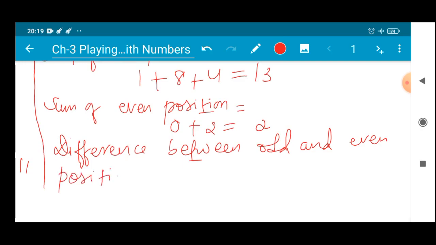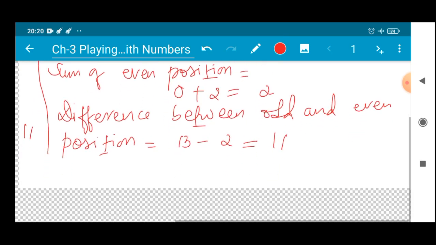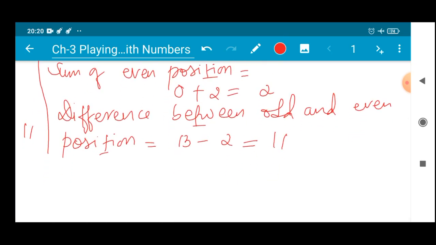Difference between the odd and even position is equal to 13 minus 2. Sum of the odd position is 13 and the even position is 2. So 13 minus 2 is 11. So the main factor was to get a multiple of 11. Yes, 11 comes under multiples of 11.